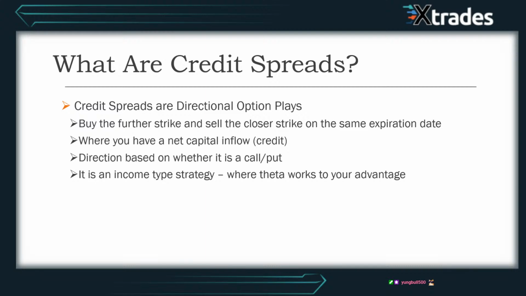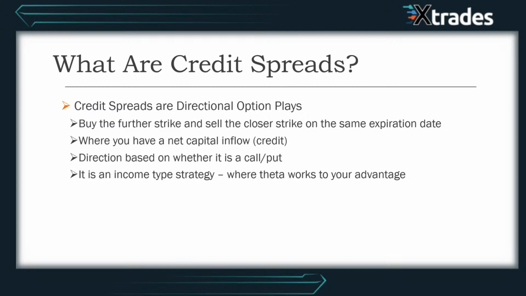And the direction of your play is going to be determined by whether it is a call or a put. If you're doing a credit spread on a call, that means you are bearish or neutral. You're either neutral or you're thinking that it's going to go down. If you're doing a credit spread for puts, then that means you are bullish or neutral.